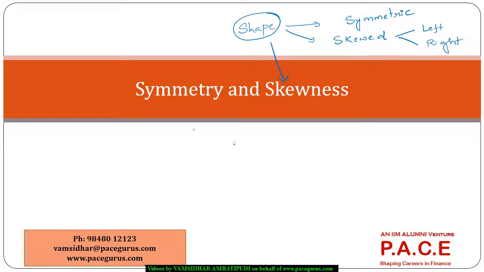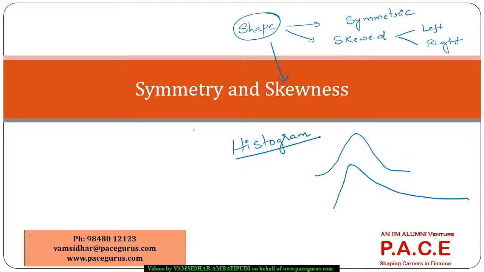Typically, when we plot a histogram, we see whether the histogram is more and more symmetric. Is it looking something like this? Or is the peak here, but the values come more like this? Or is the peak here and the values are somewhere like this?